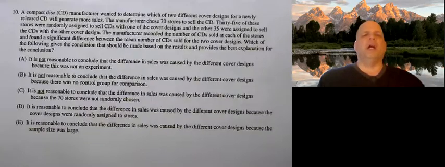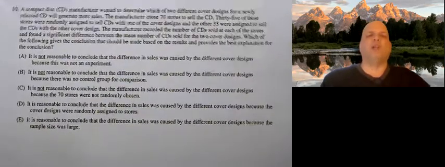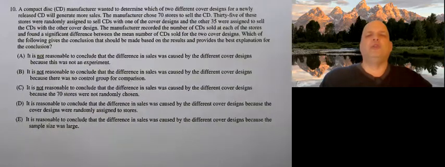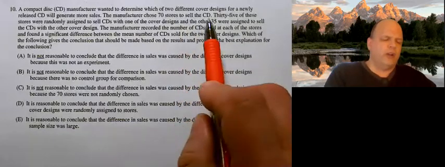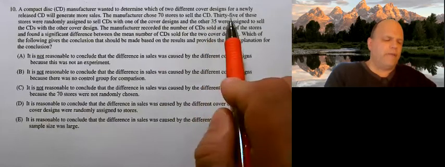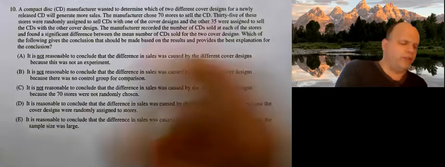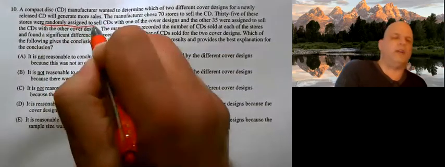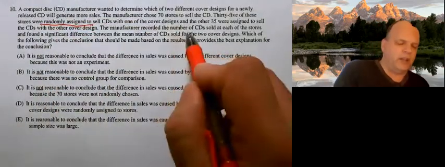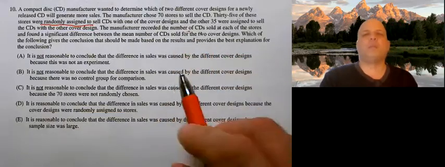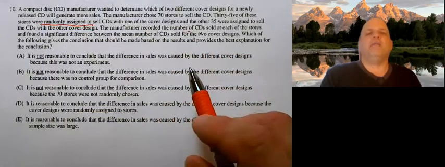Number 10, a compact disc manufacturer wanted to determine which of 2 different cover designs for a newly released CD will generate more sales. The manufacturer chose 70 stores to sell the CD. 35 of these stores were randomly assigned to sell one CD cover, and the other 35 were randomly assigned to sell the other cover.